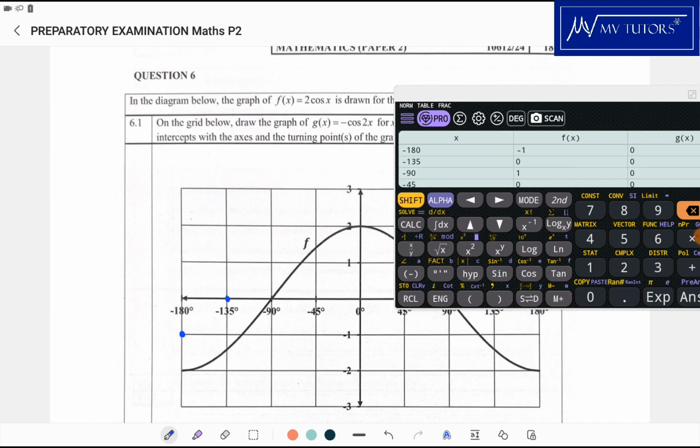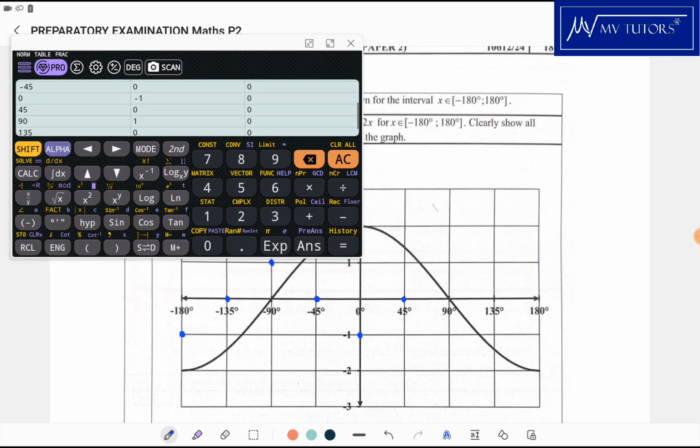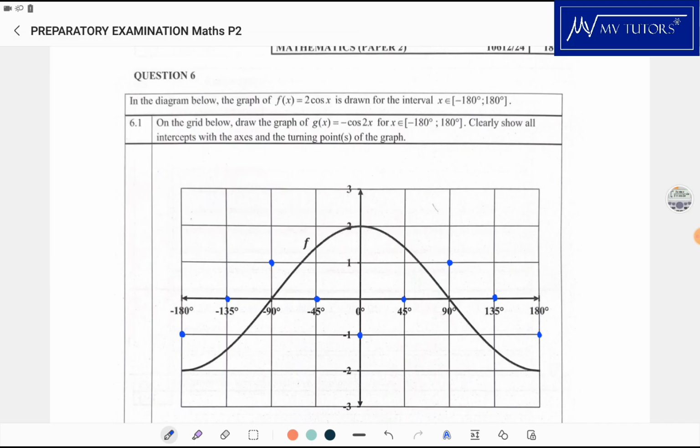Negative 90, it's 1. Negative 45, 0. At 0, it's negative 1. We're starting to see the trend over here. 45, 0. 90 should be 1. 135 is 0. 180, I'm expecting negative 1. So cool, there we have our graph.